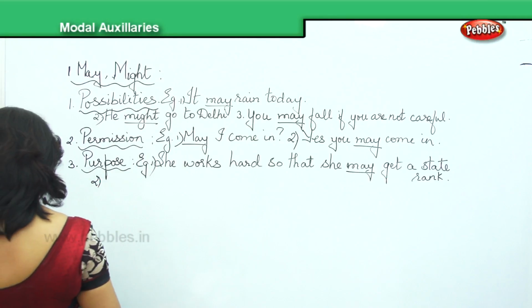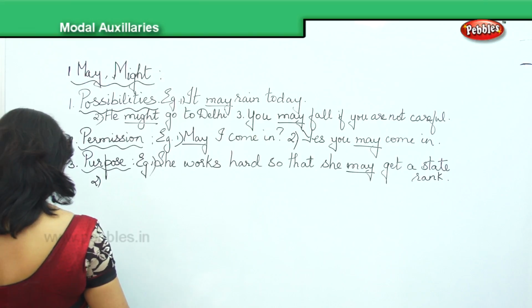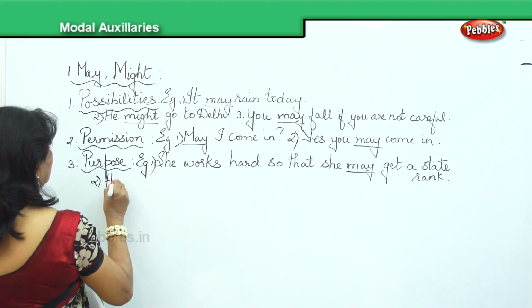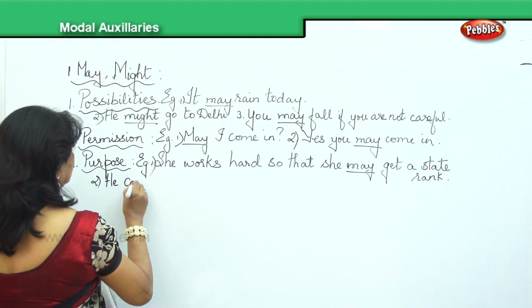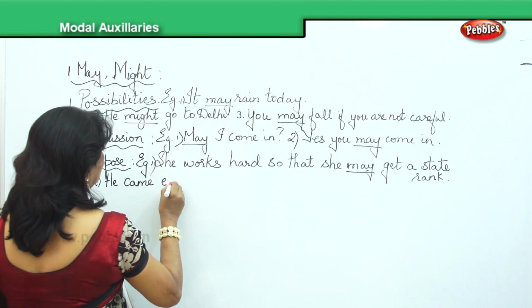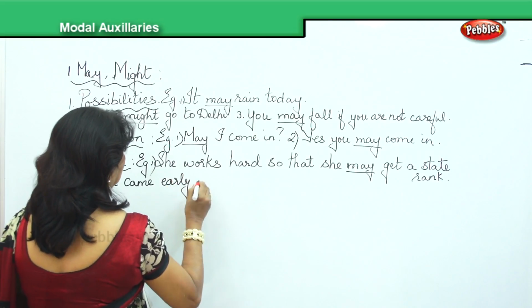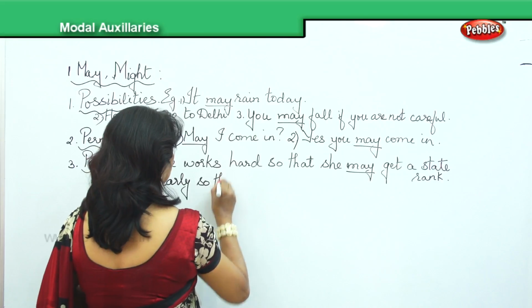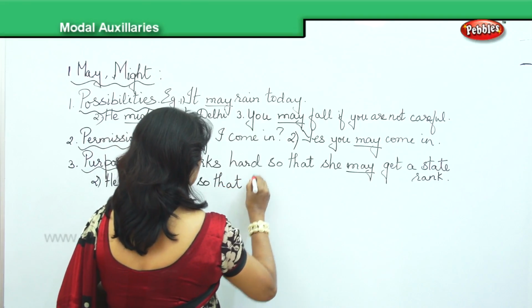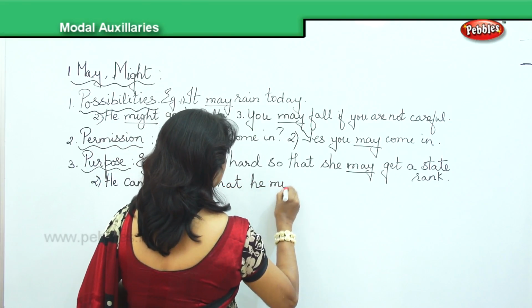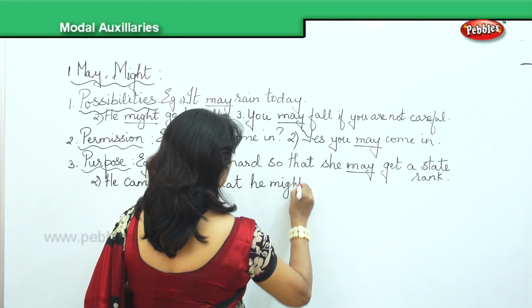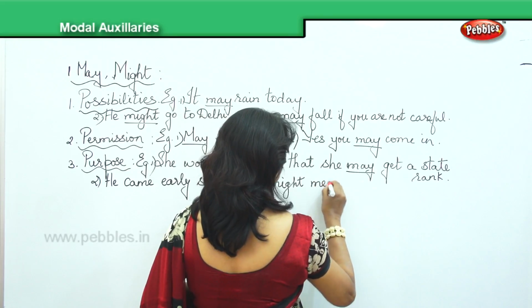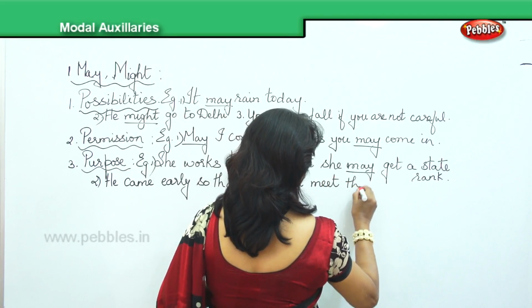Okay, next example we will see under purpose. He came early so that he might meet her, or he might meet them.